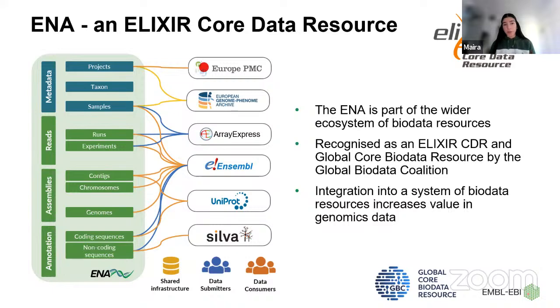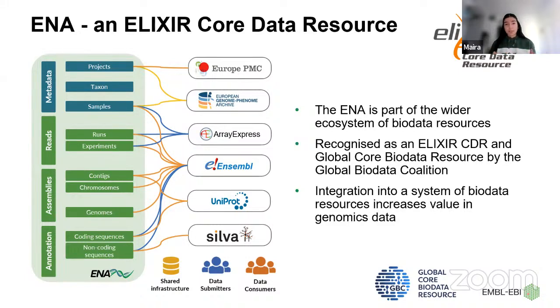You have UniProt, which pulls CDS sequences from the ENA, and they translate these into protein sequences. ArrayExpress stores data from high throughput functional experiments, and any raw data that is associated to this data is stored at the ENA, and it's linked.